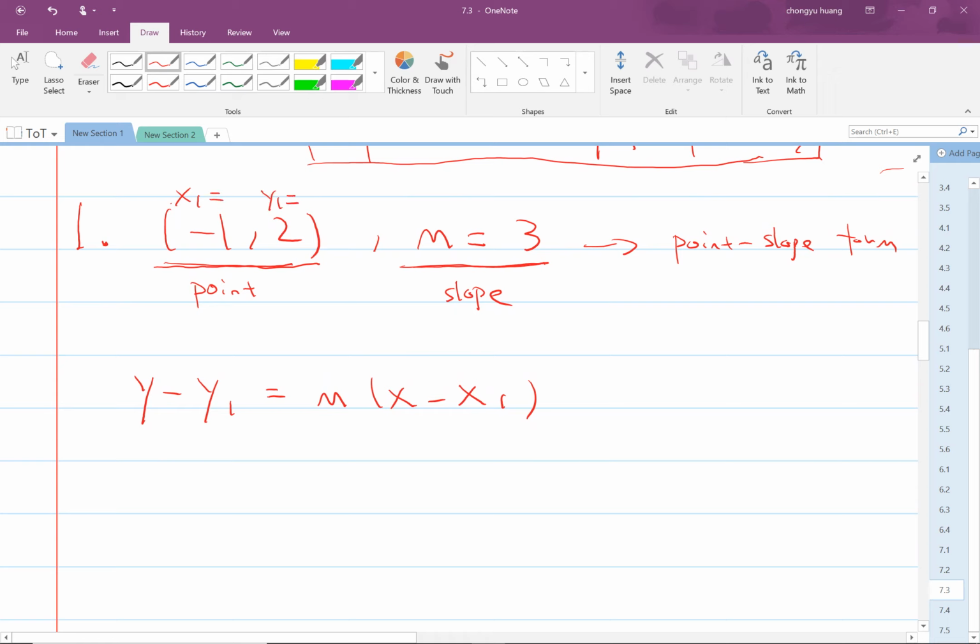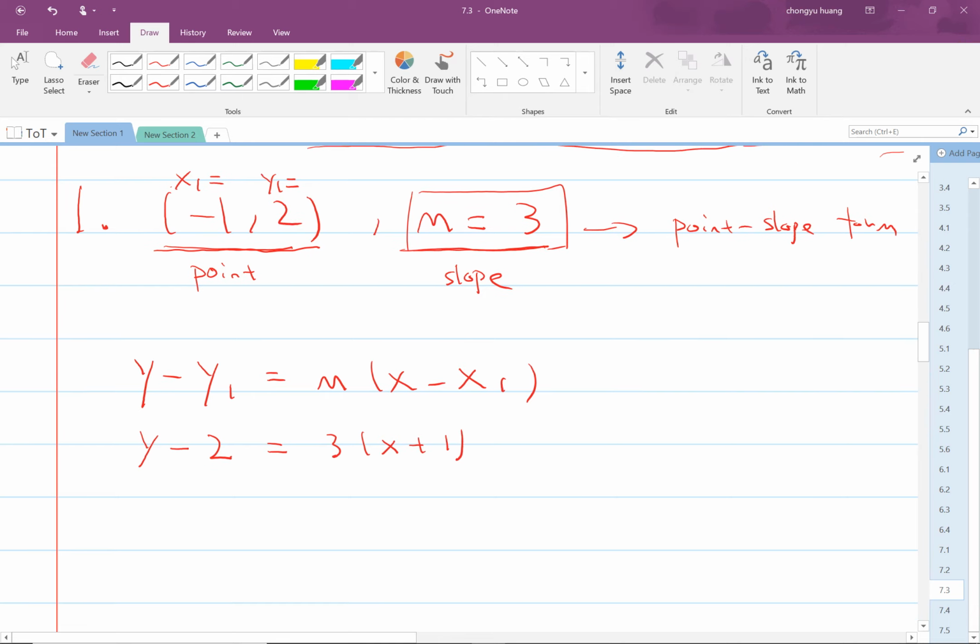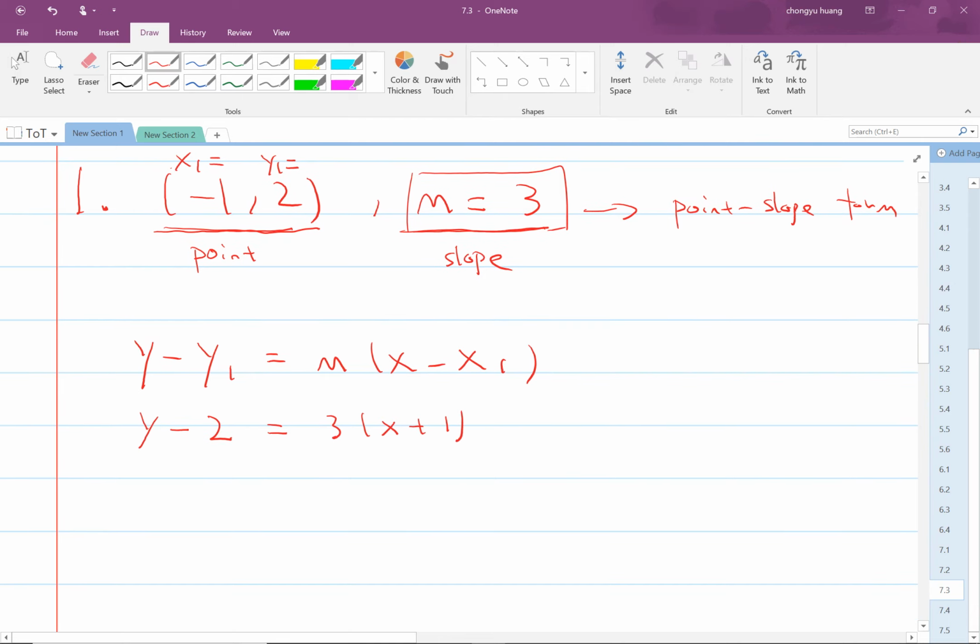So all you have to do is plug in: y minus y1 is 2, so you write down 2, and the slope is 3, so you write down 3, and x minus x1 is x minus -1, so it becomes x plus 1. Okay, so all you have to do right now is some simplification.